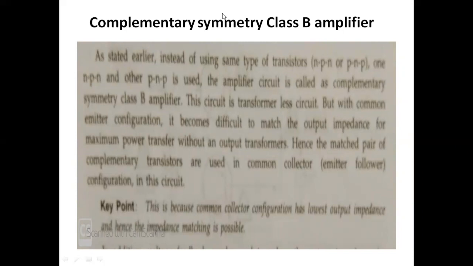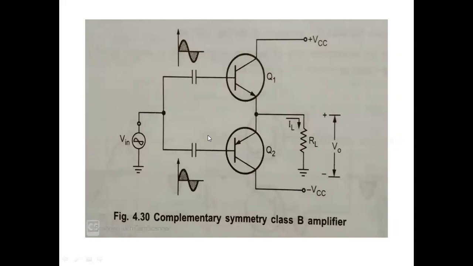The CC configuration output impedance is low, and hence it will be matched with the load impedance, which is also low. So there is a matching of impedances, and we can get the maximum power at the output. So that's why we are using CC configuration in the complementary symmetry class B power amplifier.